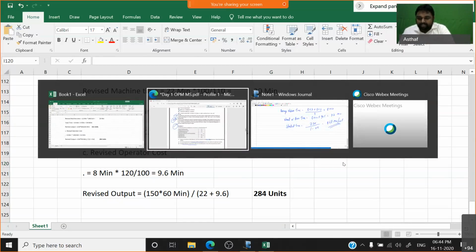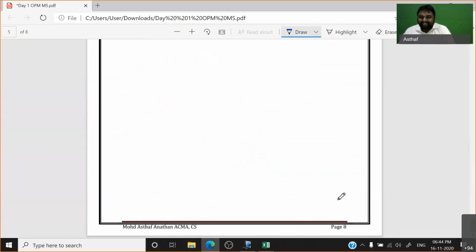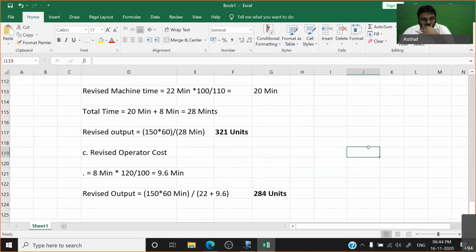So we have completed this area. So we will move with new material. See, we will take 150.